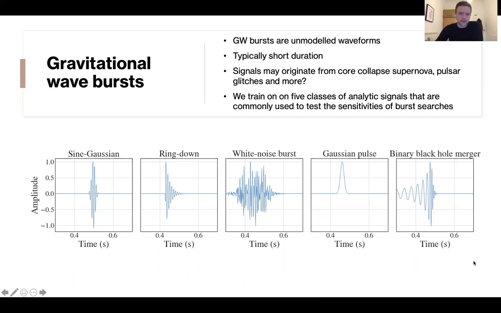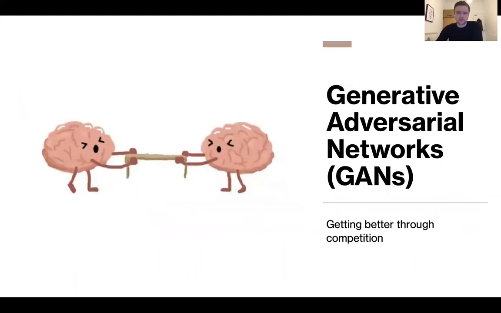But I'm going to step back a little bit and talk about the actual model we're using for this. And it's generative adversarial networks, or GANs. These are a form of generative machine learning that have been around since 2014, and they've been dramatically improved since then.